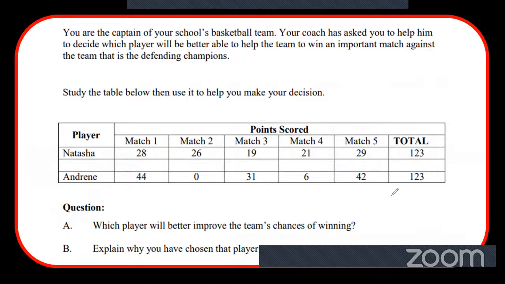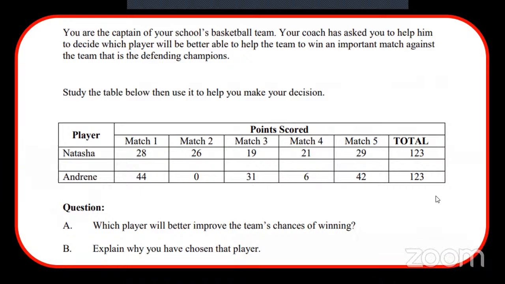And of course, our reasoning and our justification is important, but we have to make sure whatever we have decided, it makes sense. All right. So, guys, I would select Natasha, and a lot of you would select Natasha as well because Andreen is unpredictable. There's a chance that she might come in this game and score 0 again, or she might just score 6. So, definitely, Natasha is a better pick. All right. I hope others will begin to agree based on our justification.